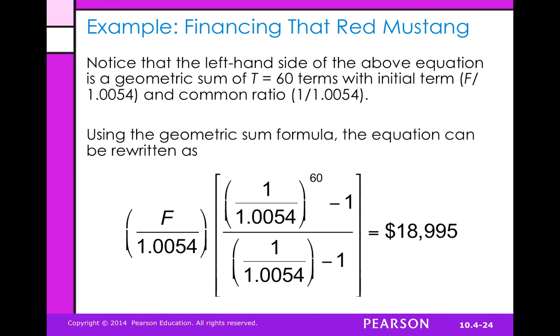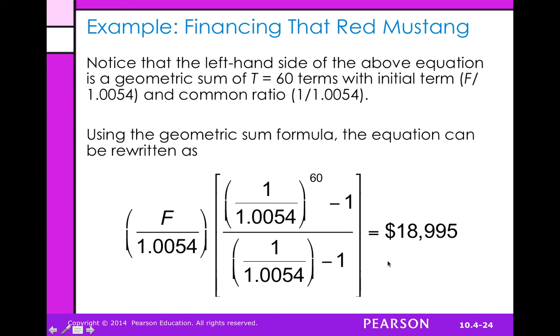Okay, so from here, notice that with this staring at you, this is gross, right? You have this gross fraction right here, but F is what we want to find. F is the payment amount per month. So you can just ask your calculator what this top of the fraction is. You can ask your calculator what this bottom of the fraction is. You can do the division, you can multiply this 1.0054 over.